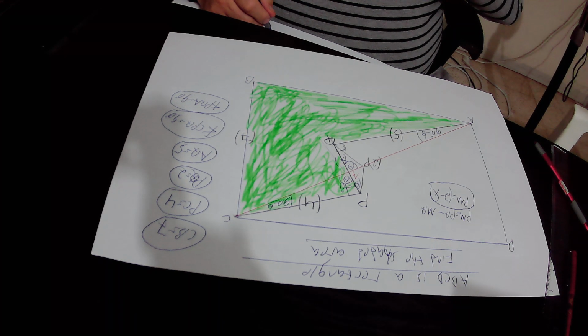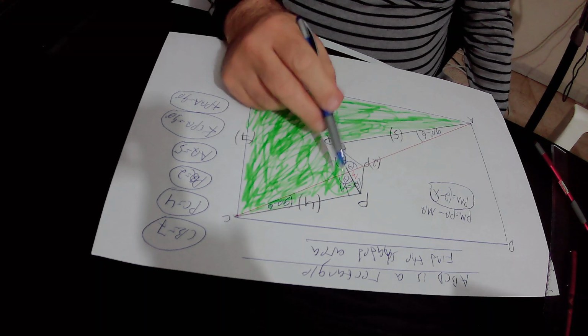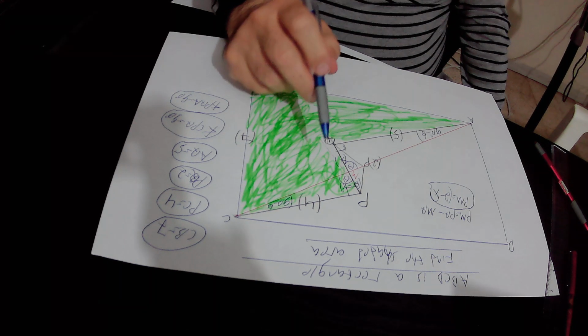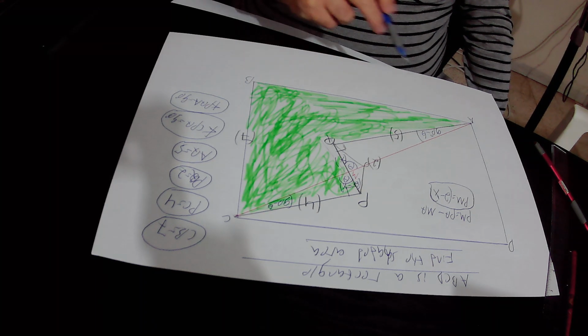In the next step, we'll prove that the small green right triangle PCM is similar to the right triangle AMQ. So I'll write it down.